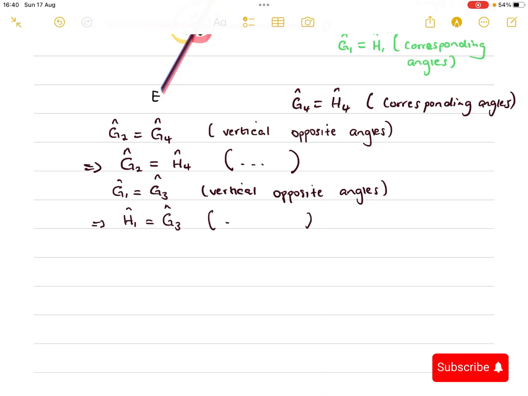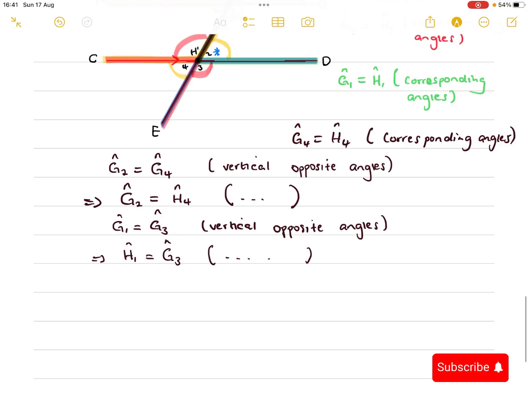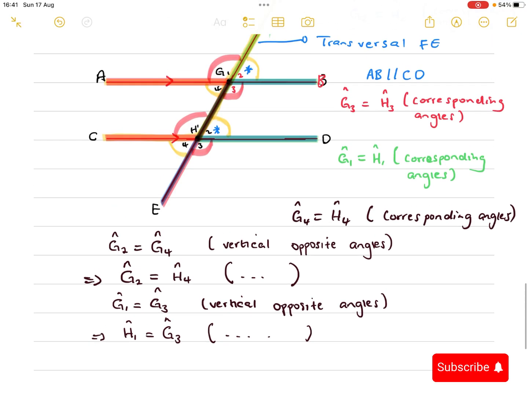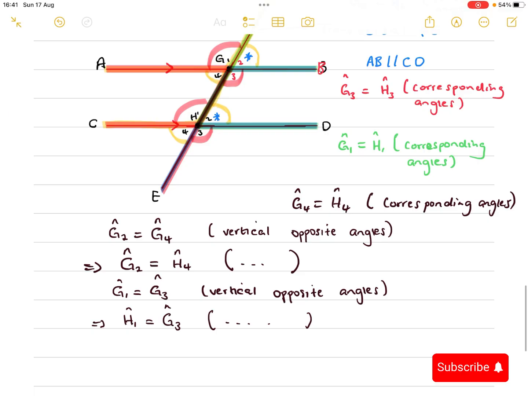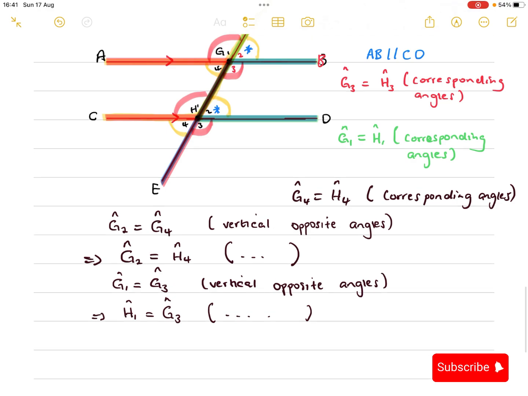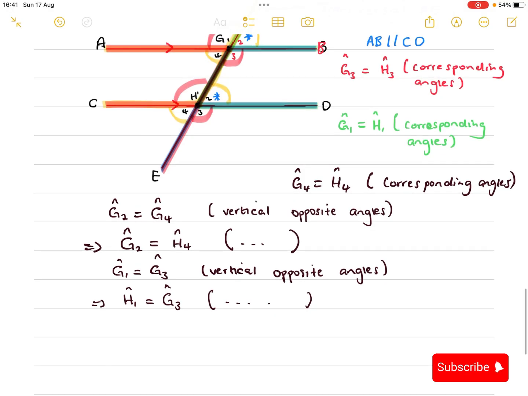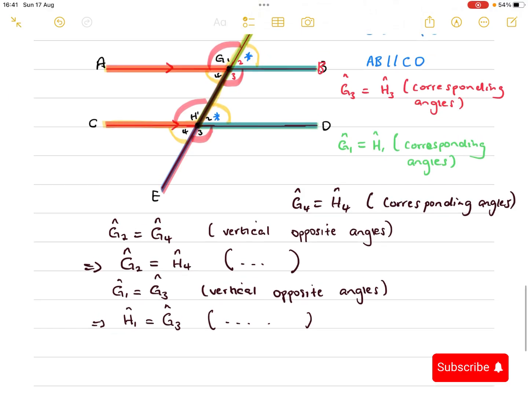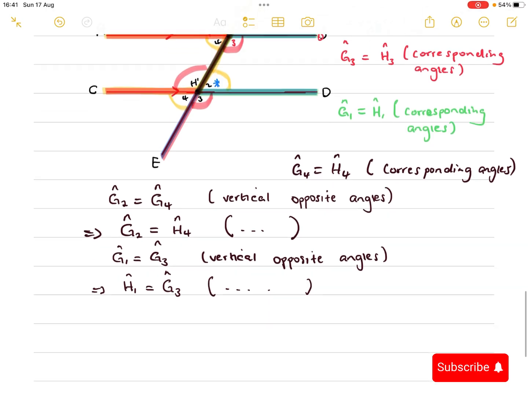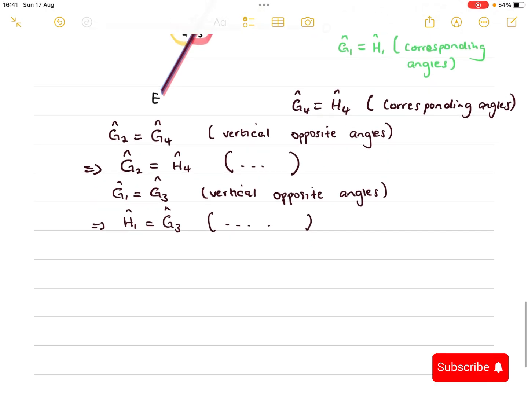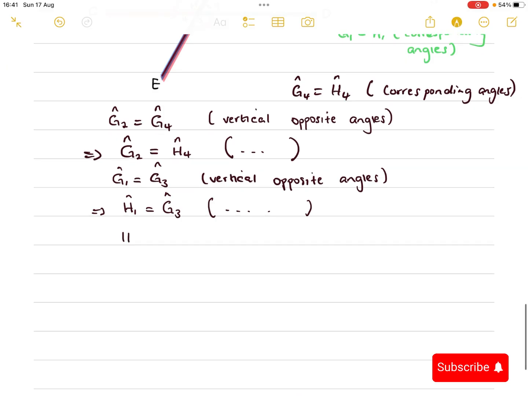And in this case, I won't write this reasoning because I want us to explore another property of lines that are parallel that we can use that will just take us directly to the solution that we need. But in this case, I just want you to observe this. How can you align the knowledge that you had previously on our previous video and the knowledge that you just obtained right now? And then again, you can tell that H1 is equal to H3.